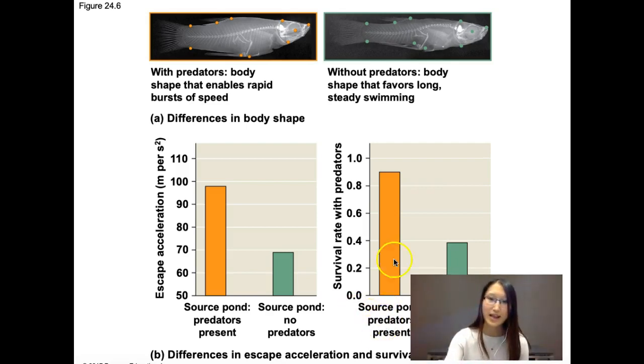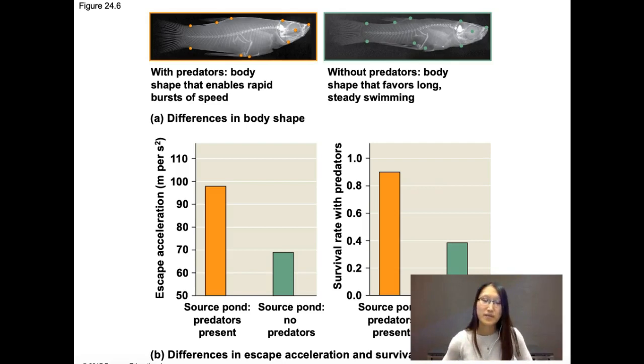And then the next one is on the survival rate with the predator. So if we put these fish from the pond with the predators, which in this case, the orange fish are the most prevalent, those fish are much better at surviving with the predators, and the green fish are not as good at surviving with the predators.